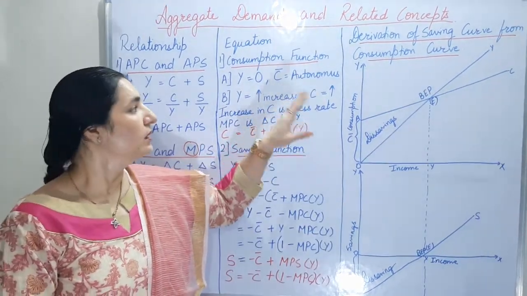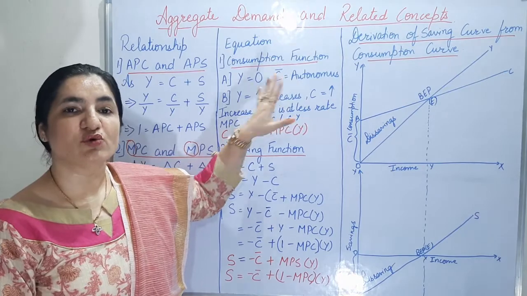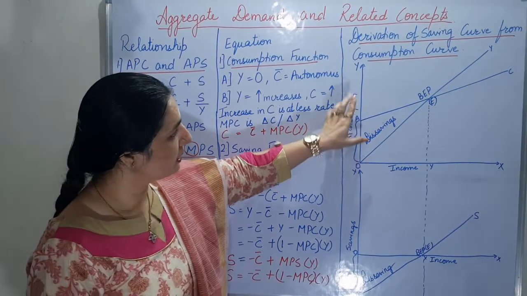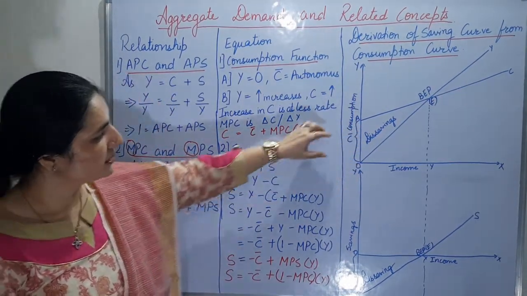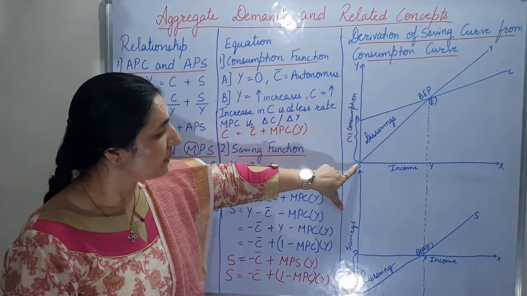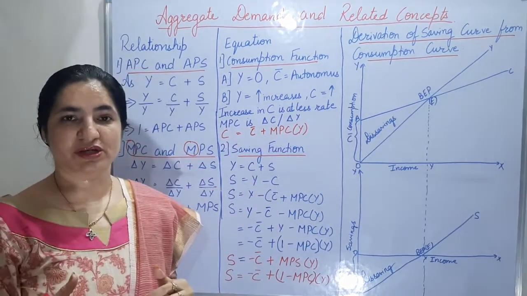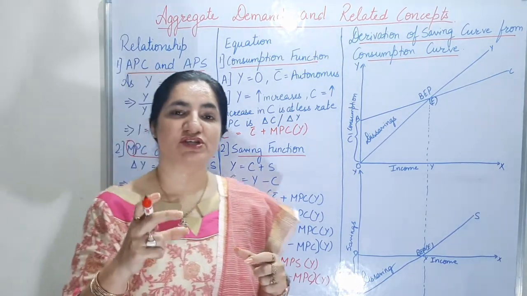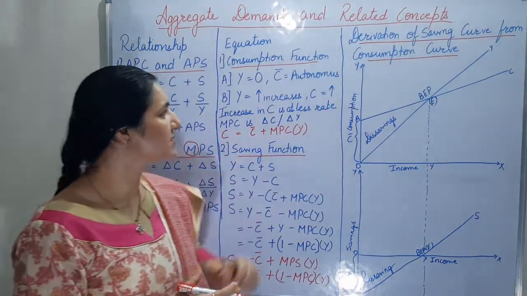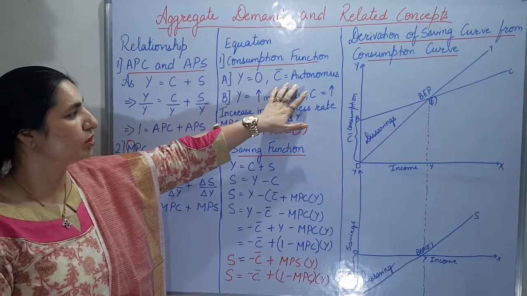It means this is that part of consumption which a person will definitely consume whether he is earning income or not. This is shown here in the consumption curve. The consumption curve starts from above the origin, and the value from which it starts above the origin is the autonomous consumption. So the first part of consumption is autonomous consumption.